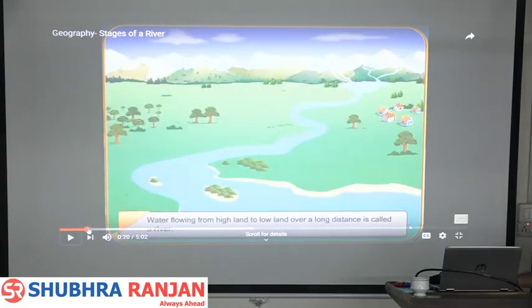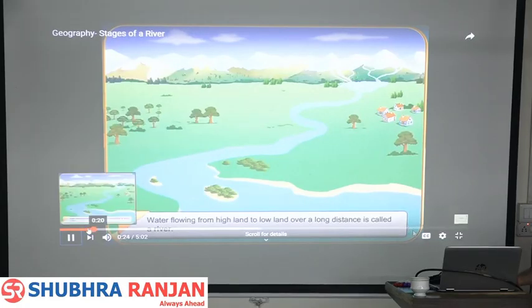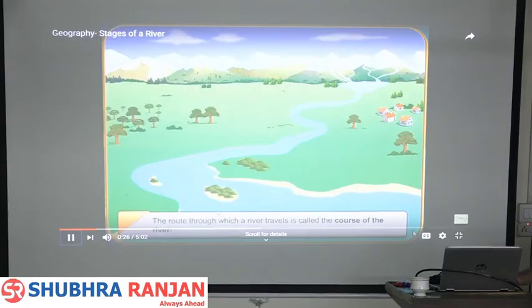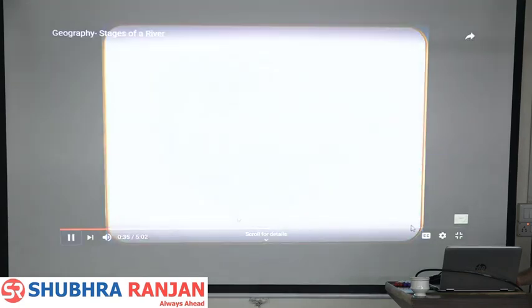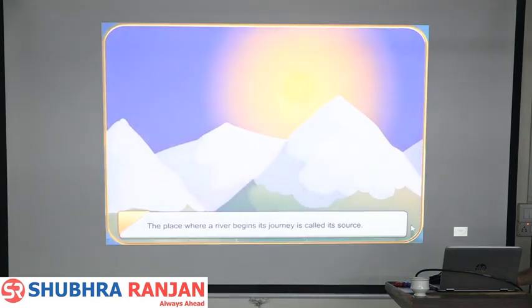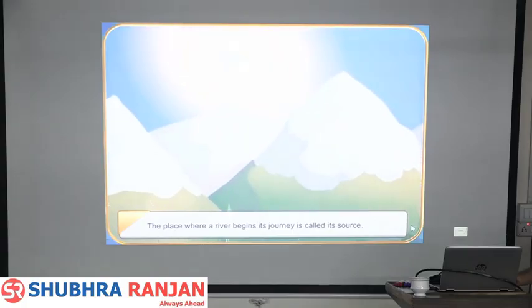Now, why does the water flow from highland to the lowland? Because oceanic crust is more denser than the continental crust, and this is isostasy in our syllabus. The sources are glaciers.